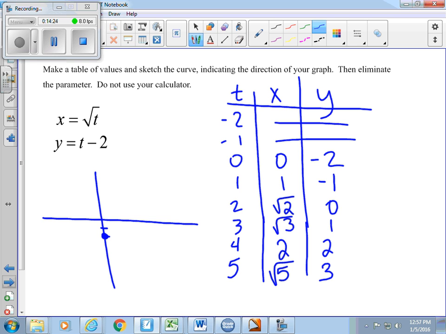At time 1, I'm at the x value 1, y value -1. At time 2, I'm at the square root of 2, 0, which is somewhere between 1 and 2, about 1.4. So if you want to plot that one, you can. It does say don't use a calculator, so if you didn't want to plot that one, it would be okay. I'm going to skip down to the 2, 2.